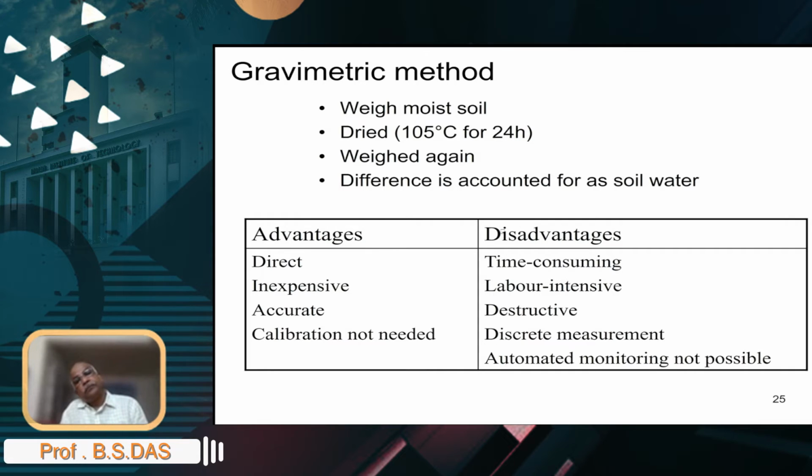step. The method is destructive because once you remove a chunk of soil for making this dry-wet measurement, that soil is lost. So you cannot go back to that same soil and want to know how the water content changed in that sample. It's not possible.